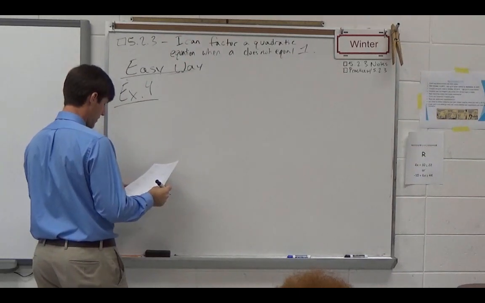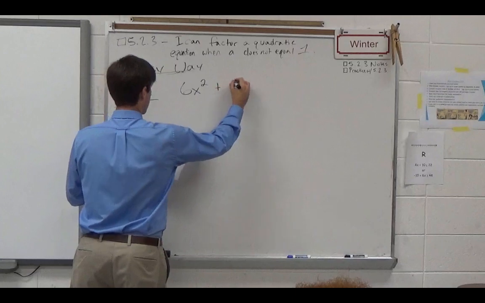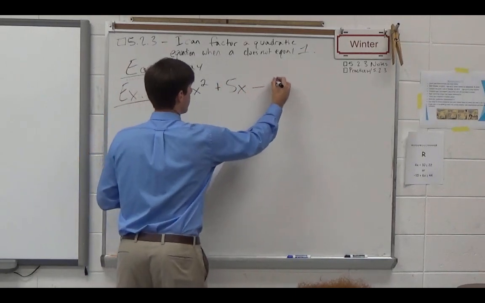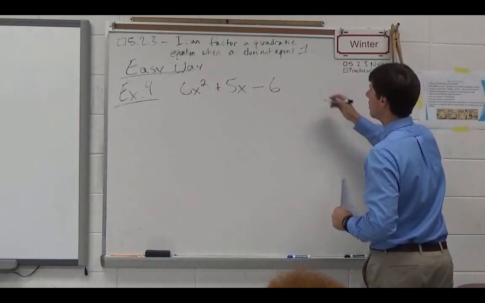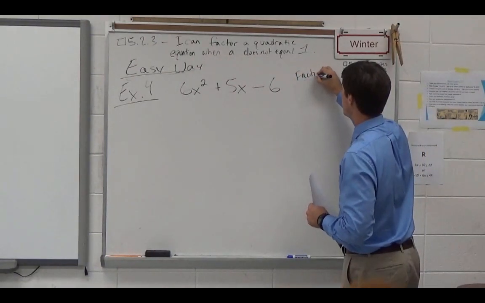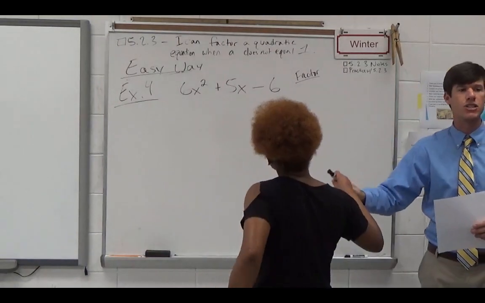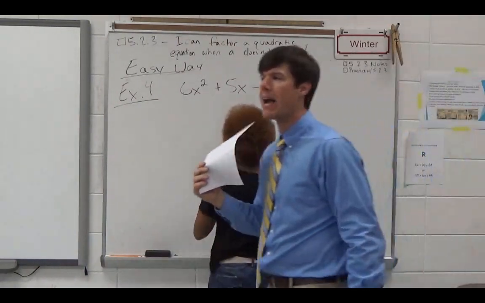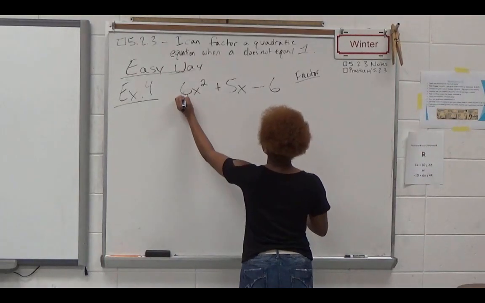We've got 6x squared plus 5x minus 6. And we're going to factor this. We're going to use the easy way. Here you go. Now, guys, I need you to do this with her because this one might work out a little bit different towards the end.